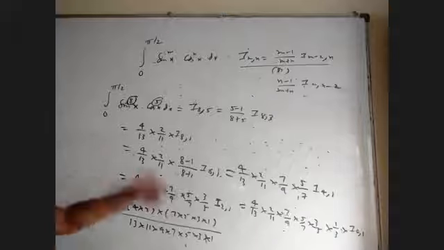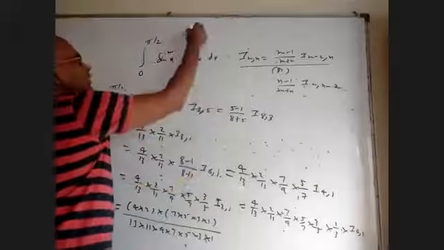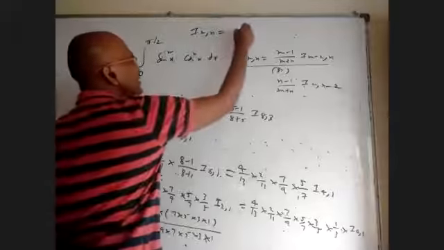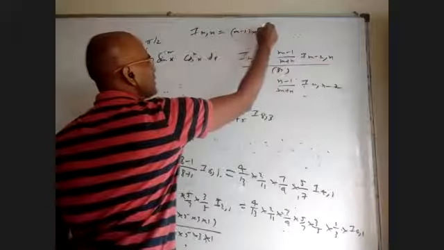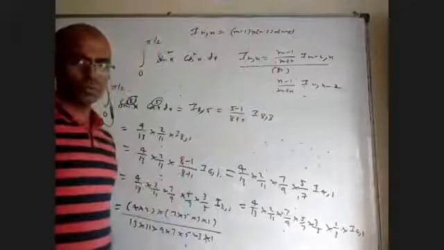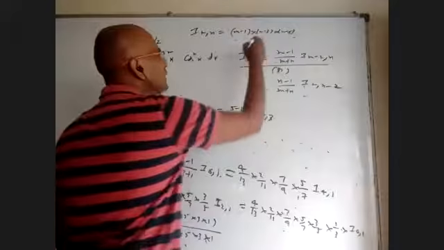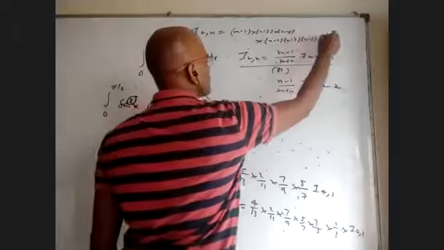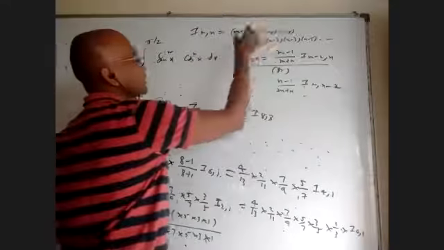So I want to tell you in general a formula for I m comma n. Start with m minus 1, then m minus 3, then m minus 5. Keep on decreasing 2 till you get the last natural number, into n minus 1 into n minus 3 into n minus 5. Decrease 1 and keep on decreasing 2 till you get the last natural number.